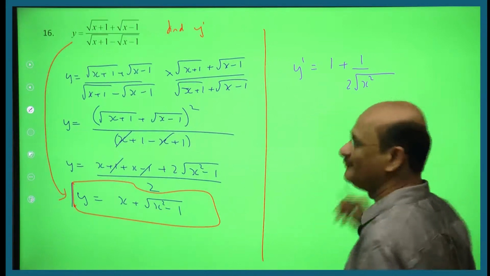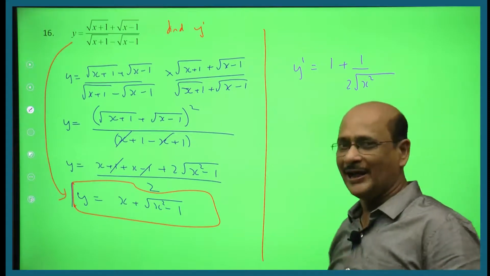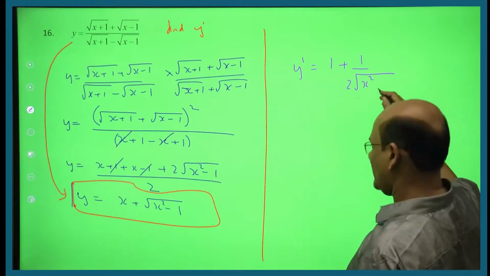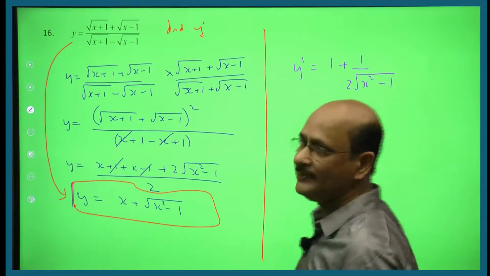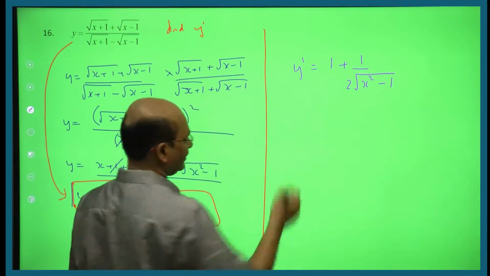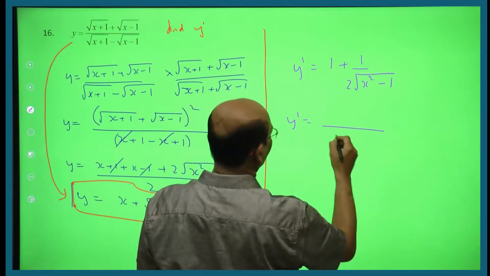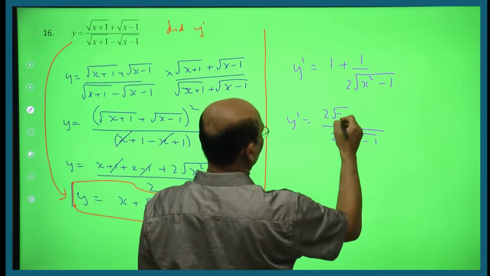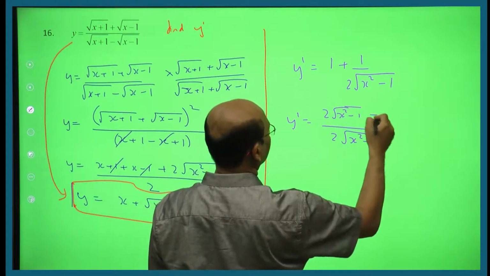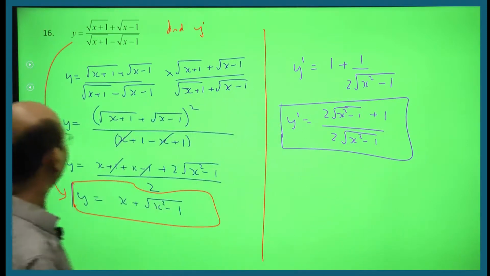Maths is something I hunt down many times, but sometimes I get hunted. So 1 upon 2 root x square minus 1. If you want, you can simplify this out, otherwise you can leave it as it is. If you simplify, y dash will become 2 root x square minus 1 plus 1 over 2 root x square minus 1. So this is my solution.